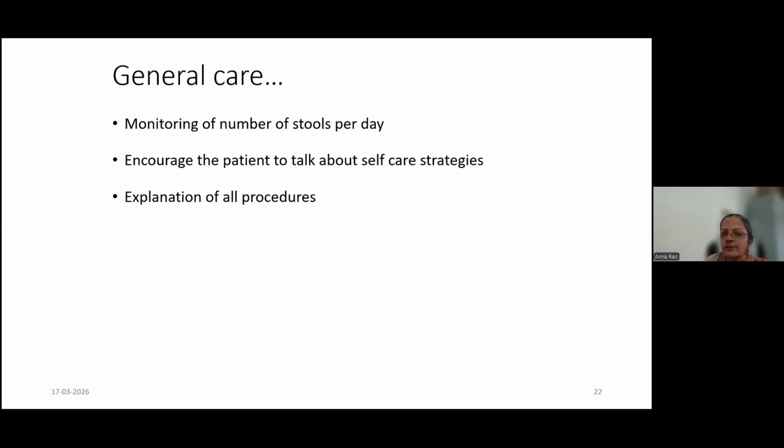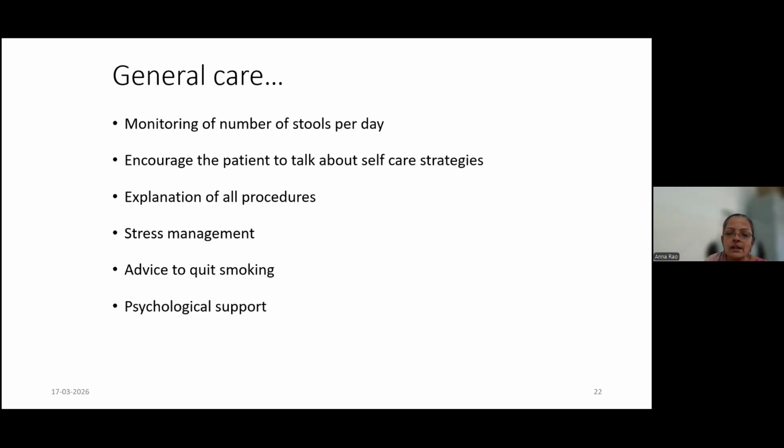Explanation of all the procedures, starting from preoperative till the patient is going home. Okay, so all those things we need to see. Then stress management, of course. Then the patient needs to quit smoking, because otherwise the healing of tissues takes a very long period of time and may not heal also. Right? So that is one major thing.